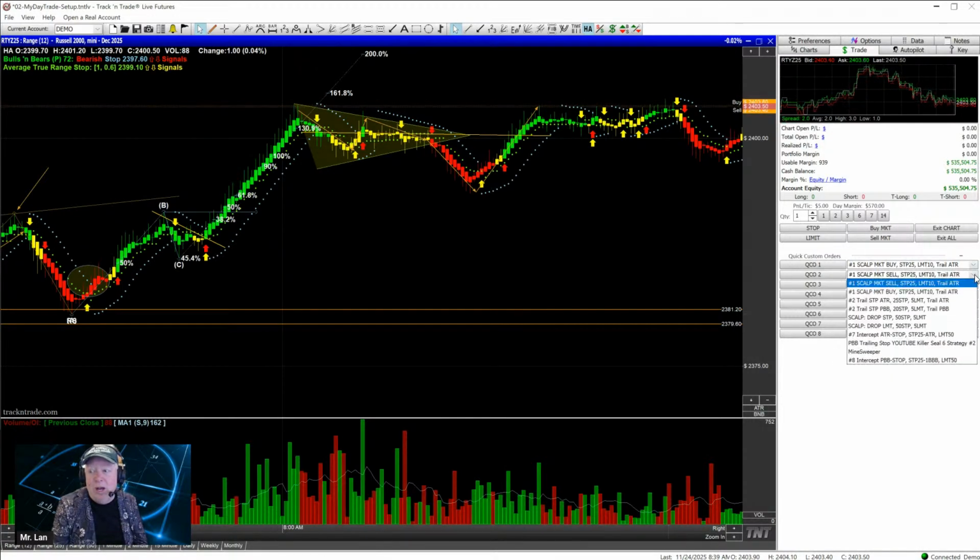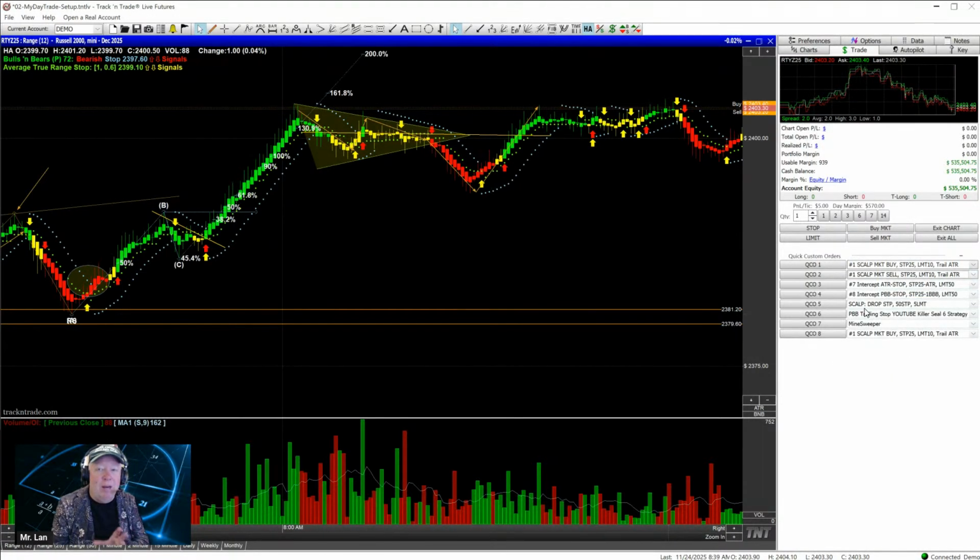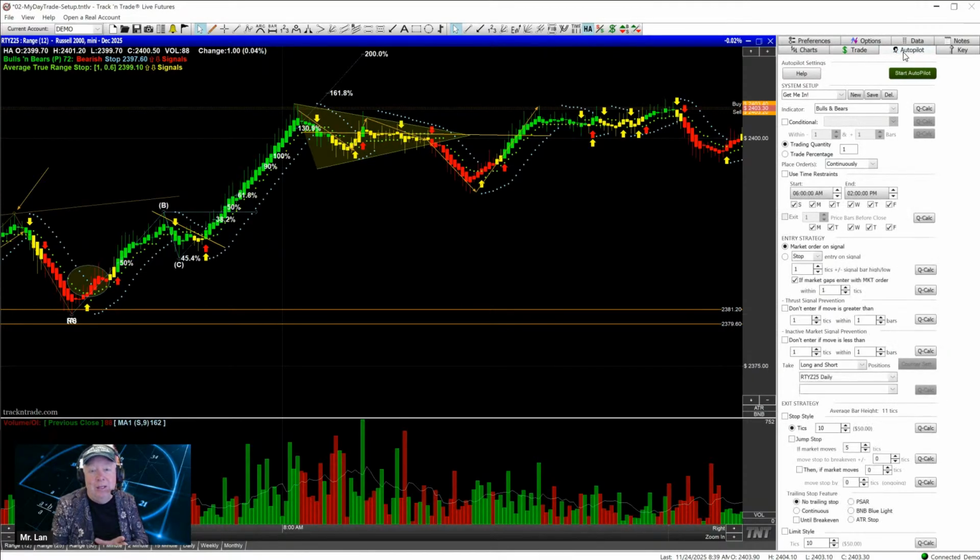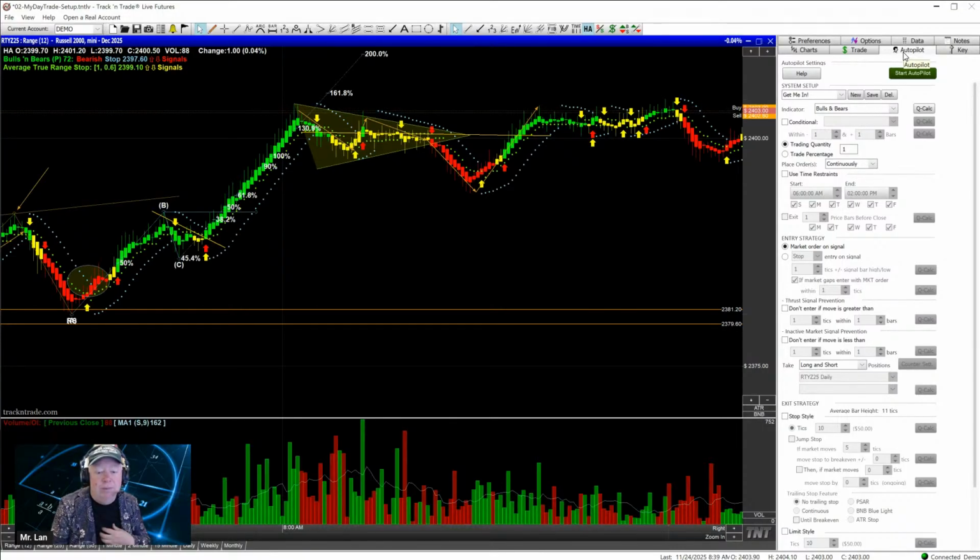Now, this is where I do most of my trading. I like semi-automatic actually better than automatic. Automatic's cool. It's fun. You turn it on, walk away, go cook eggs, and it'll sit here and trade for you. But I'm kind of an A-type personality, and I like control. I have a real hard time driving my Tesla around because I turn it on to drive, and every time we come to an intersection or a stop sign, I want to take over and drive. I'm that guy. So it's the same thing for me in trading too.